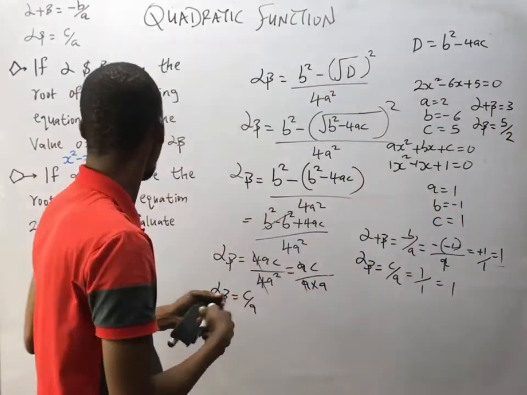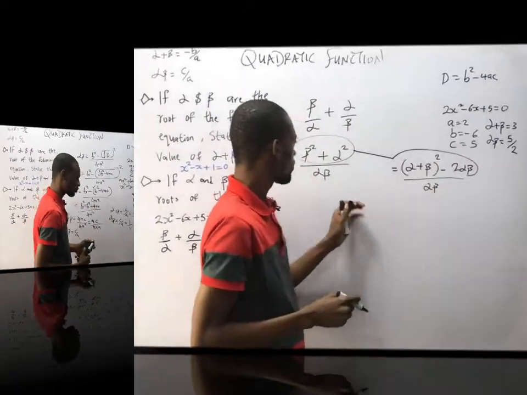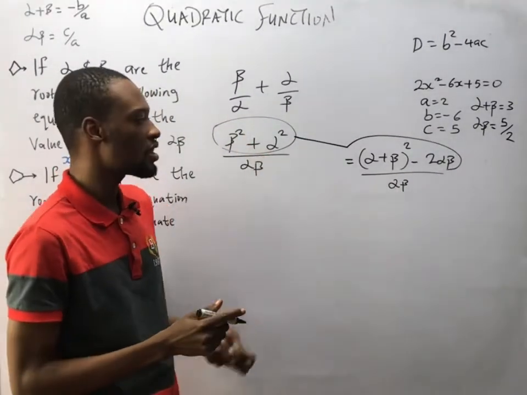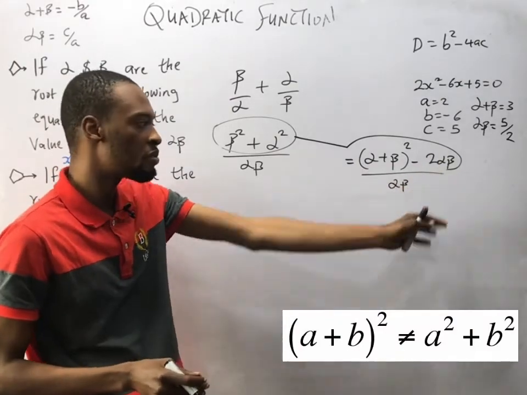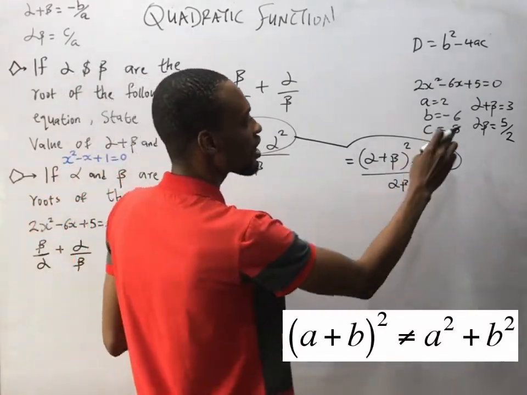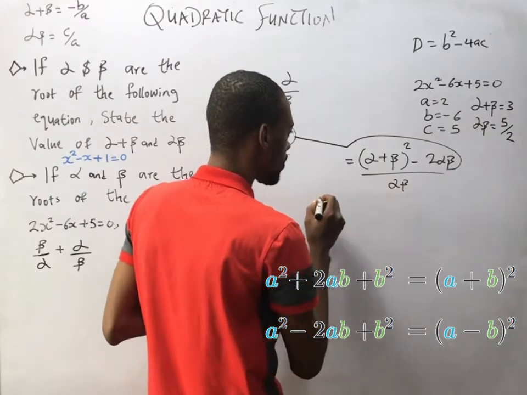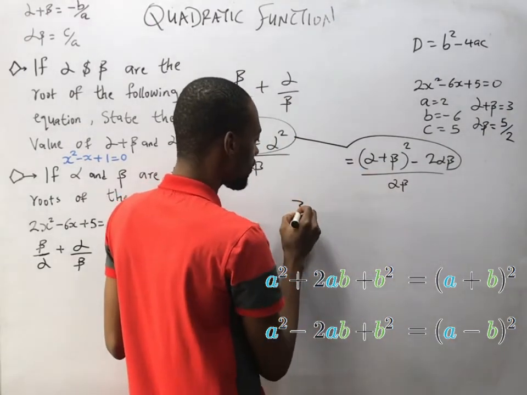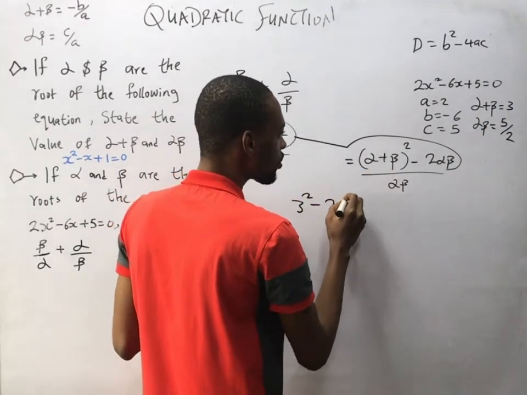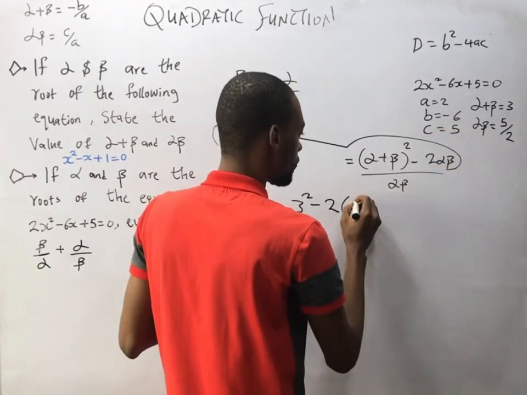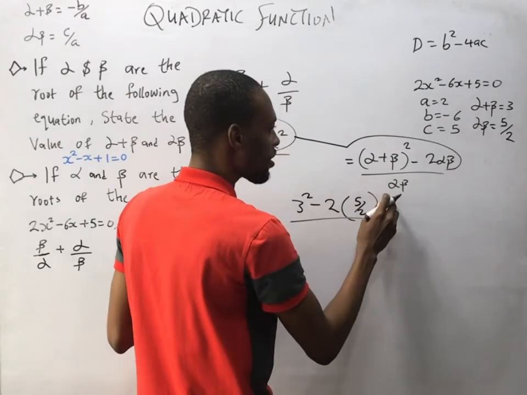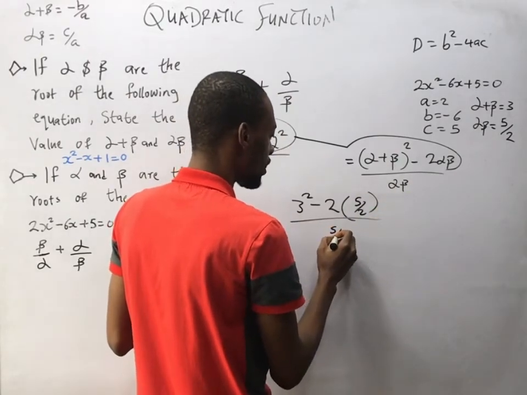So let's see how to solve the second question. Now, alpha plus beta square is equal to alpha plus beta all square minus 2 alpha beta. And we've already derived alpha plus beta to be 3. So we have 3 square minus 2 alpha beta, where alpha beta is 5 over 2. So 2 times 5 over 2 over alpha beta, which is 5 over 2.